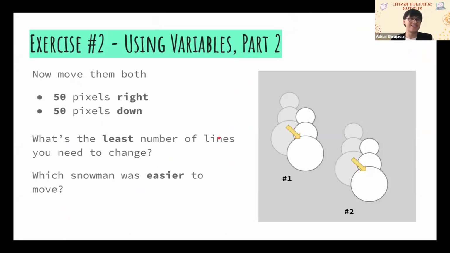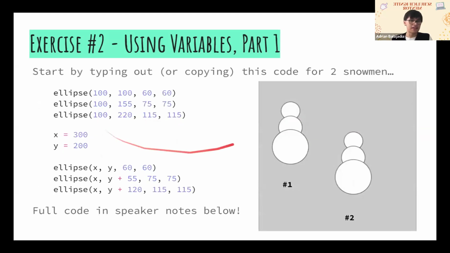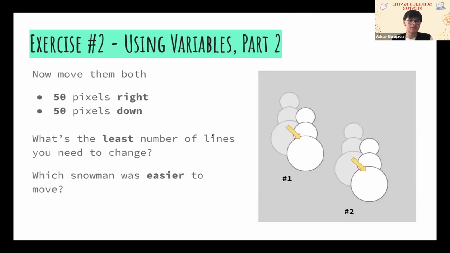Now the goal here is how do you move both snowmen 50 pixels down and 50 pixels to the right? Think about it: we're moving their location and not changing their size, so which of X, Y, D or whatever values do we need to specify? Just some food for thought. And which one was easier to move?